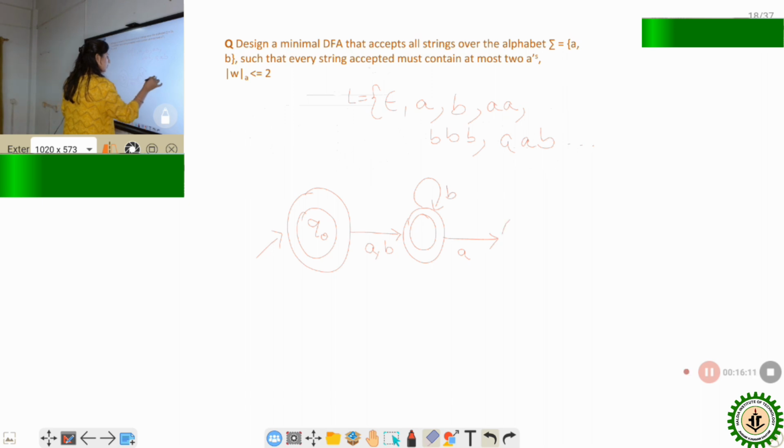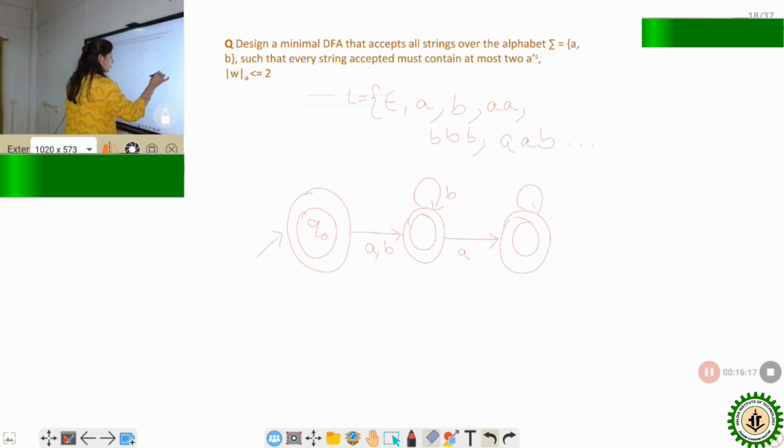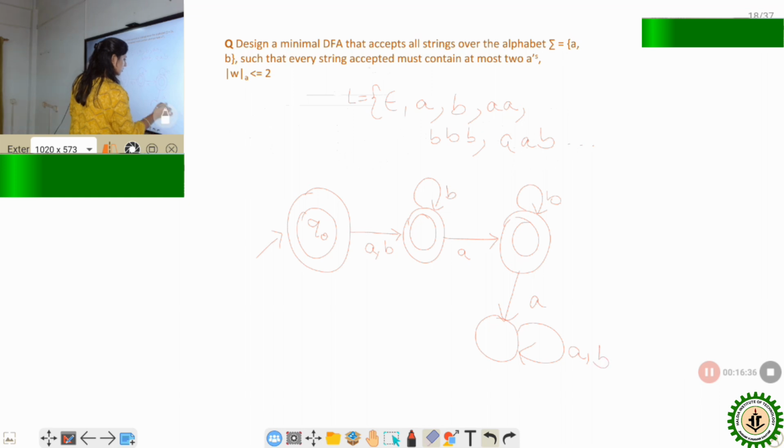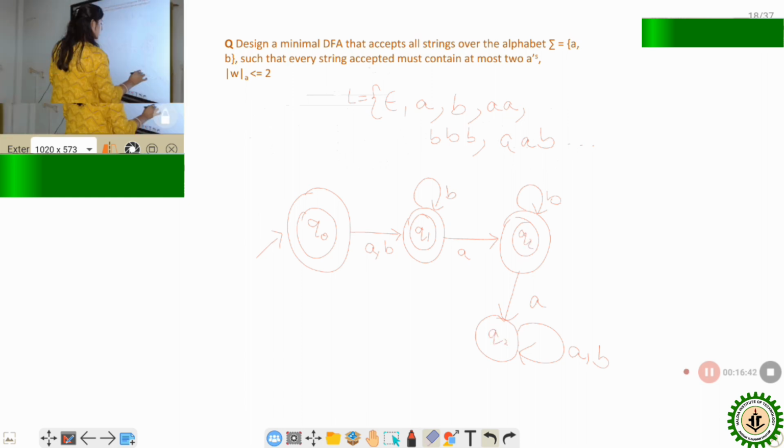If we apply A here, it will go to the final state. If we apply B here, it will stay on the final state. But if we apply triple A, then it will go to the dead state, and it will stay on the dead state. So Q0, Q1, Q2, and Q3.